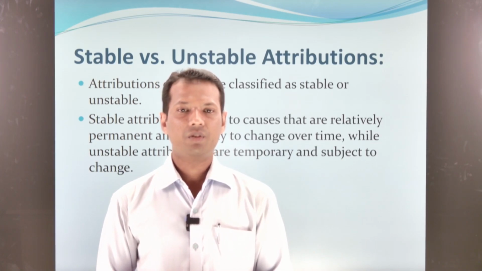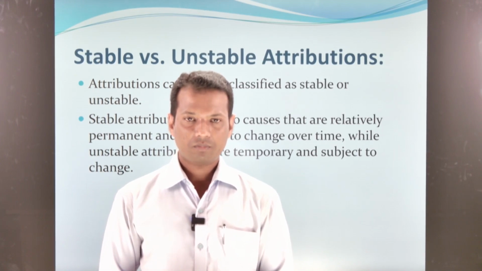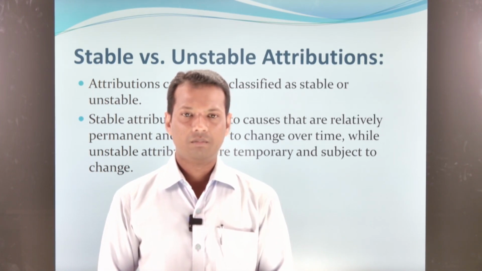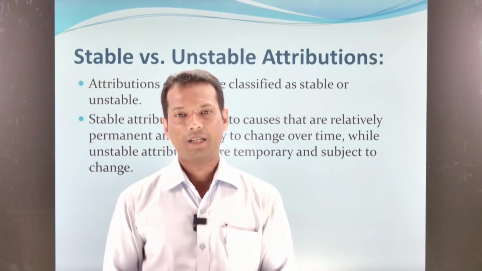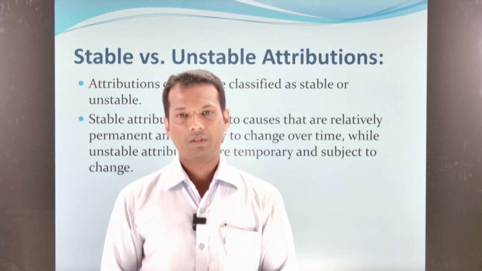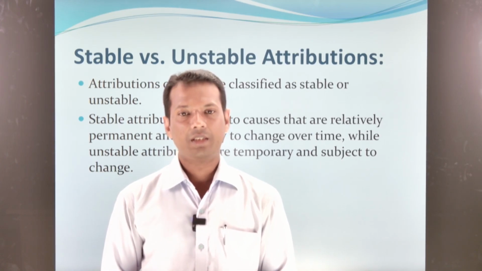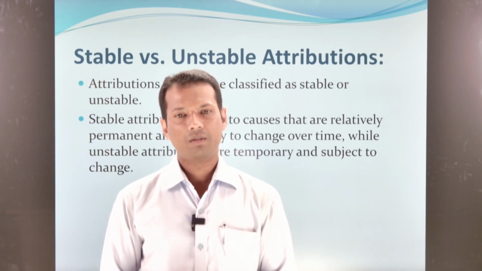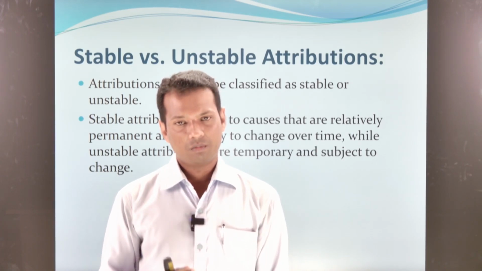Unstable attribution, in the sense, if something happens within the workplace, let's say there is a visit by the higher authority to a particular college. Let's say the officials of the higher education are going to visit the college or a university for any kind of survey or official visit.